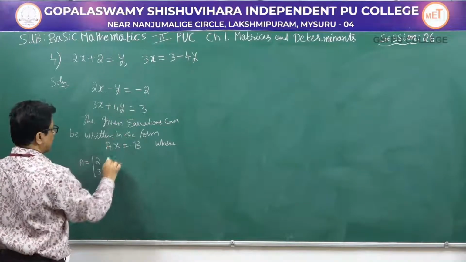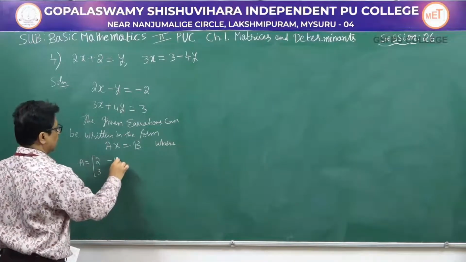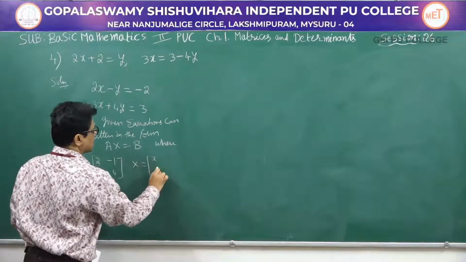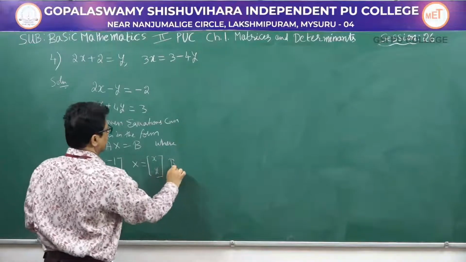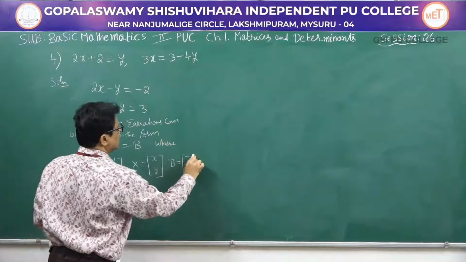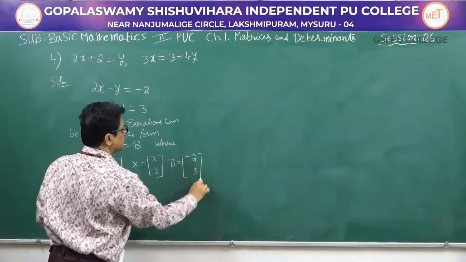Next we write the coefficients of y, -1, 4, and x is equal to x, y, and B equals the constant terms -2, 3.